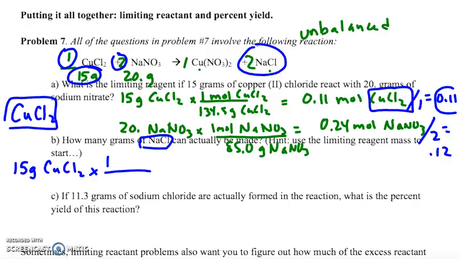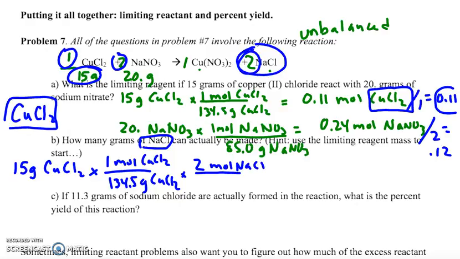It turns out that 1 mole of CuCl2 weighs 134.5 grams. Now we want to use our coefficients from our balanced equation. We have 2 moles of NaCl. That's this coefficient right here. We're going to divide that by 1 mole of CuCl2. That's that coefficient right there.